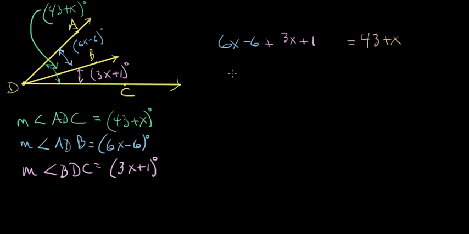Okay? So, let's do some number crunching here. 6x and 3x make 9x. Negative 6 plus 1 is negative 5. Now I just simplified this thing, and that's 43 plus x. Now I'm going to subtract x from both sides. x minus x is nothing, so I'm left with 43 by itself. 9x minus x is not 9.